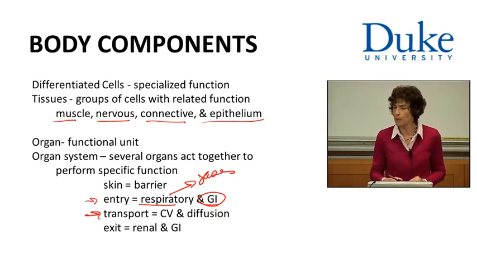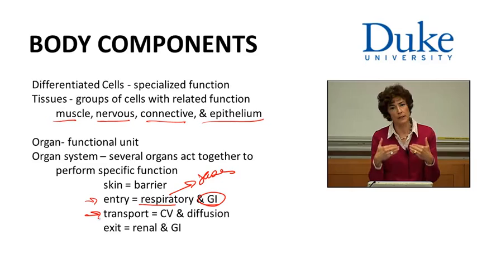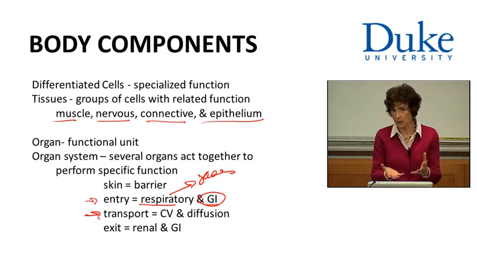We also have transport systems, and the transport system is predominantly the cardiovascular system. The cardiovascular system takes the nutrients that are entering from the GI tract and delivers them to all of the cells. It takes the gases which are coming in from the lung, the respiratory system, and delivers them to all of the tissues and organs of the body.